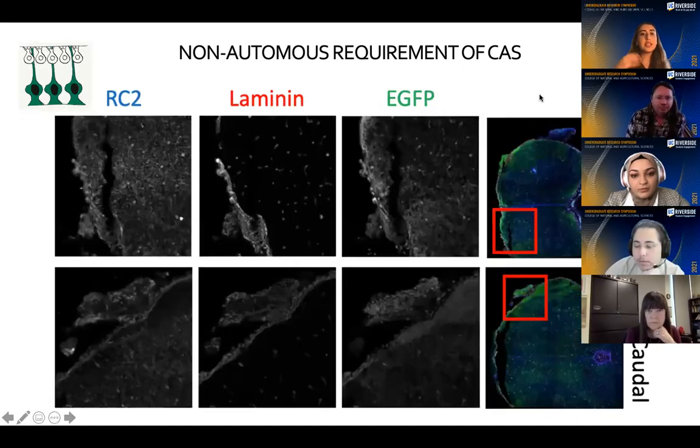And the second population that we tested for the radial glia is the RC2. And the RC2 population illustrated that Cas was present in the end-foot processes of this radial glia. And overall, it showed that Cas is present in a diverse population of radial glia through appropriate temporal windows, and they play a role in the pontine neuron migration.